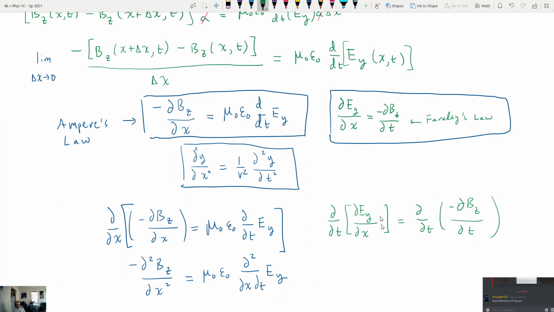Okay, left-hand side of our equation now is going to become del 2 Ey, again another mixed partial, del t del x, equal to negative second derivative of Bz with respect to time.